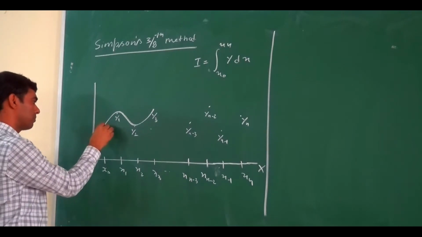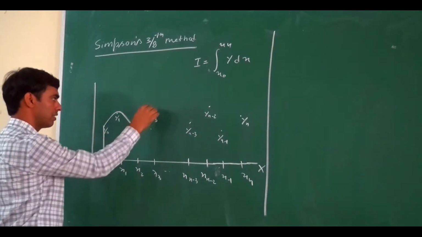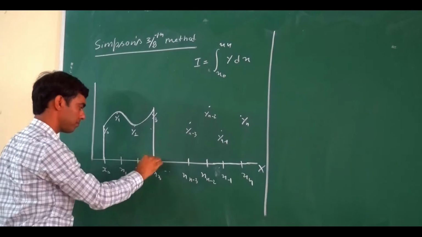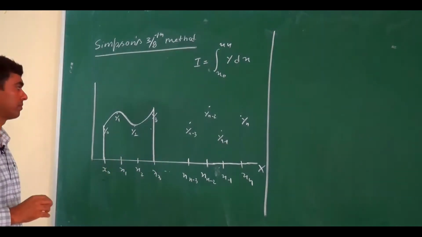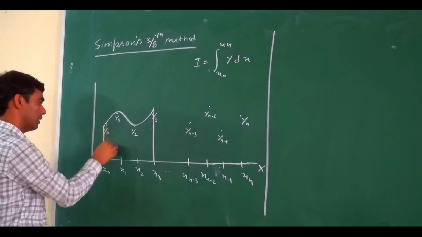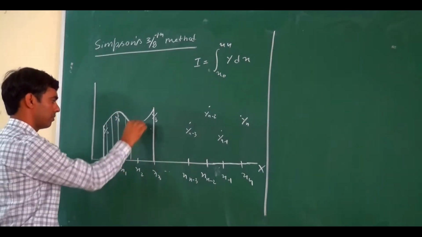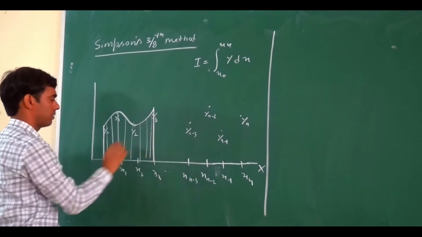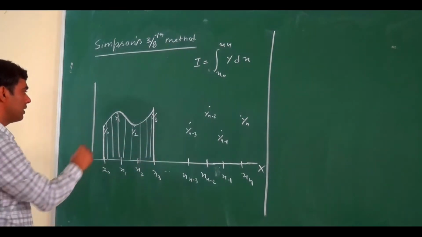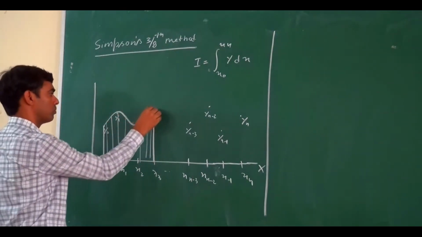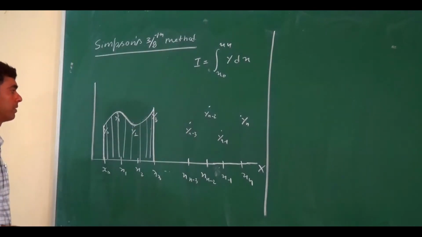First we find the area between x0 and x3, this area. We find the area for this one. We find this area first. And this is a polynomial of degree 3.